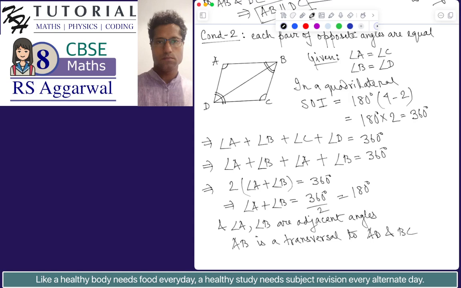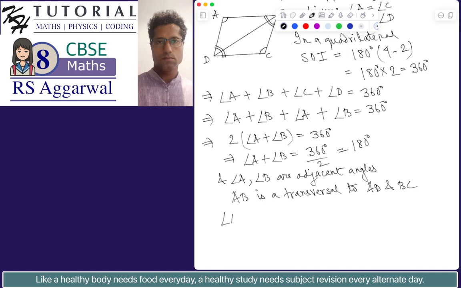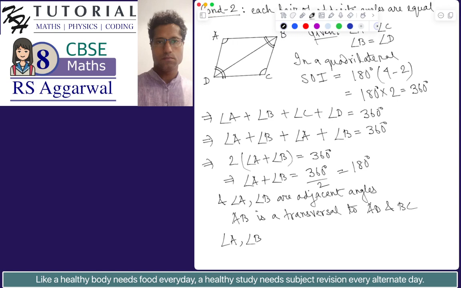You see the two straight lines, the sides AD and BC, are being cut by the side AB. So AB is a transversal to AD and BC, and angle A and angle B are co-interior angles to the transversal AB, because they are on the same side of the transversal. And their sum is 180 degrees.